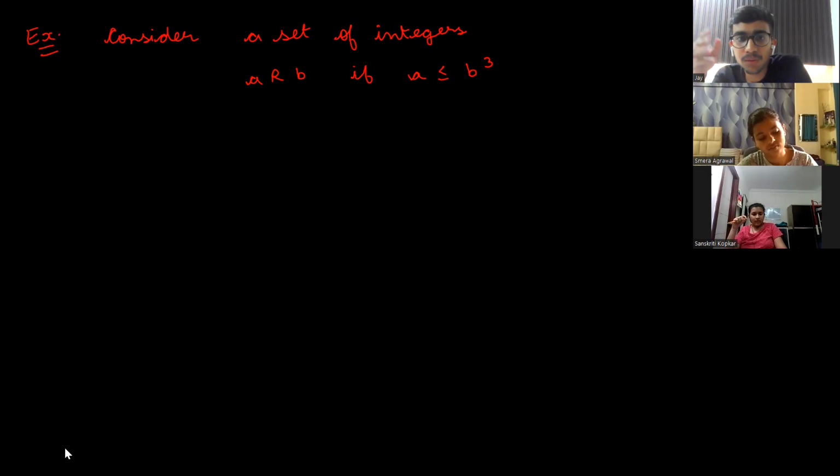अच्छा, how do you judge these types of questions? A is less than equal to B cube. So अगर मुझे reflexive judge करना है, I'll test on things like (1,1), (2,2), (-1,-1), (-3,-3). So for all set of integers, is this relation satisfied or not? So -3, -3 पे check करो.